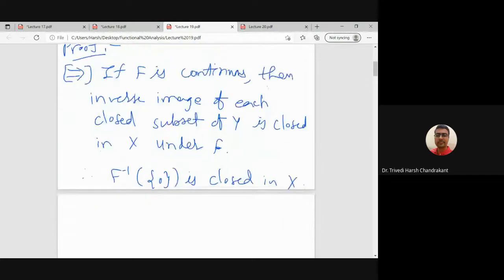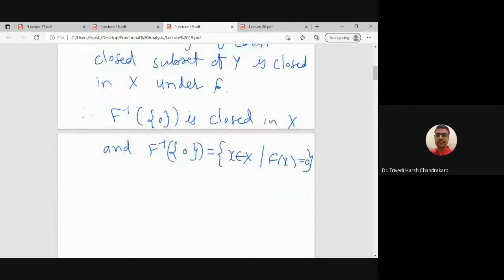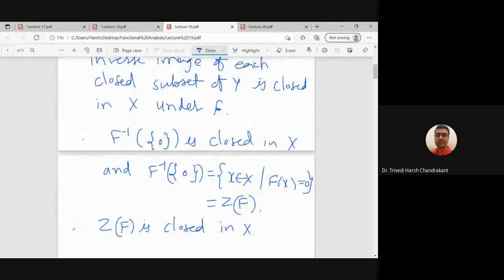And what is f inverse 0? It is the set of all x such that f(x) equals 0. So this is basically the kernel of f. Therefore the kernel of f is a closed subset of X. In fact, you can prove this using sequences also.